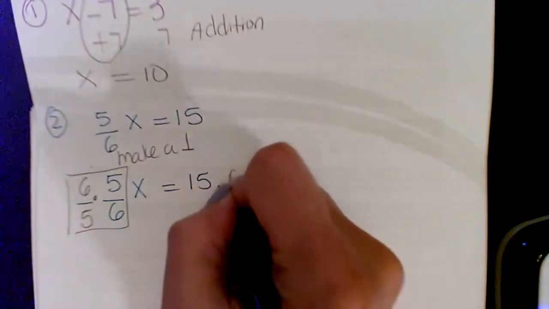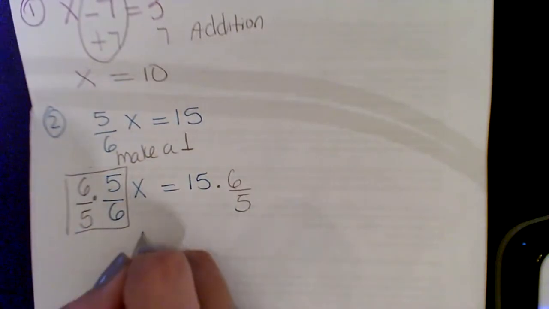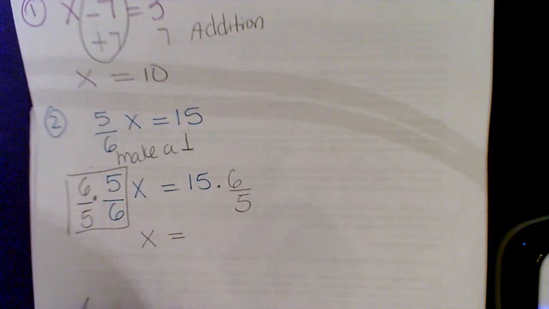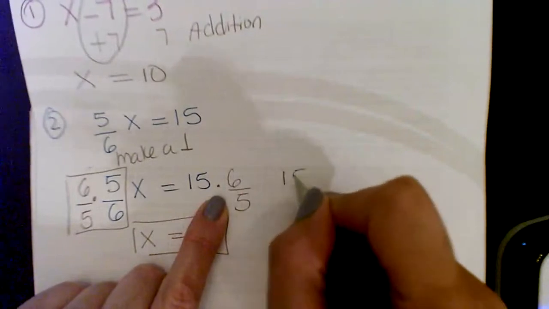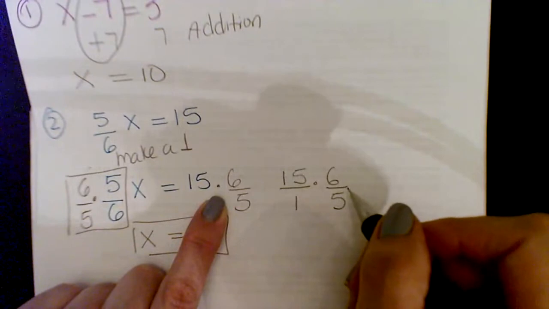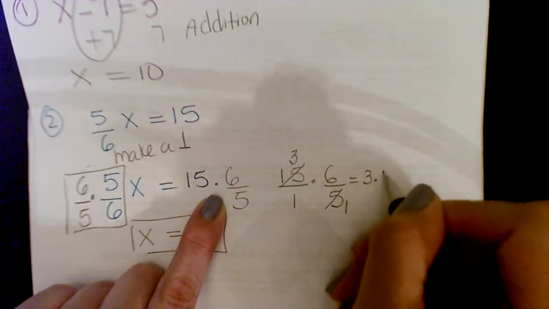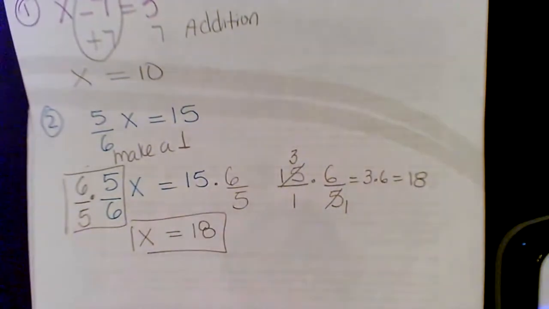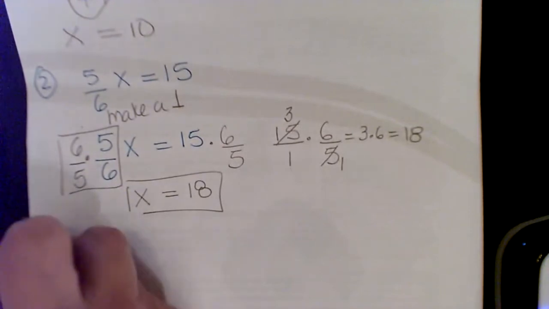And you're going to do it on both sides of the equation, the same number. So it's going to be x is equal to 3 times 6. This is 18. Remember, this part, you're going to simplify. Divided by 5 is 1, by 5 is 3. So what do I have left? 3 times 6, which is 18. All right?